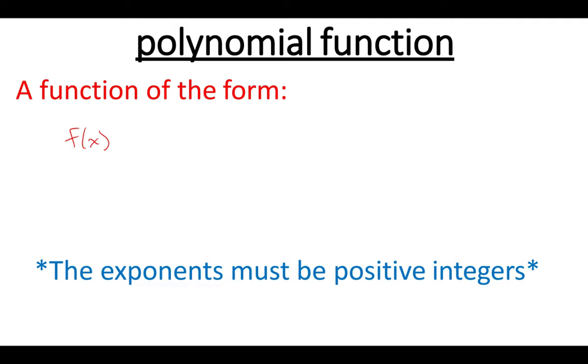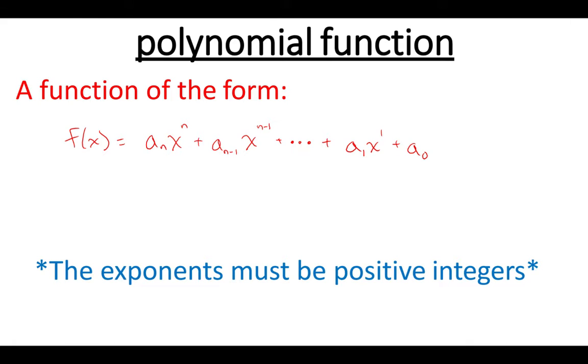F of x equals a sub n x to the n plus a sub n minus 1 x to the n minus 1 plus dot dot dot plus a sub 1 x to the 1 plus a sub 0.